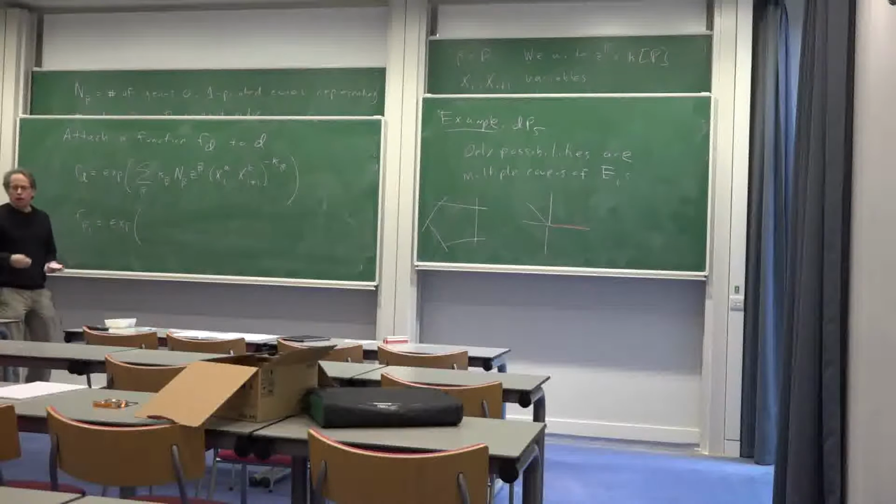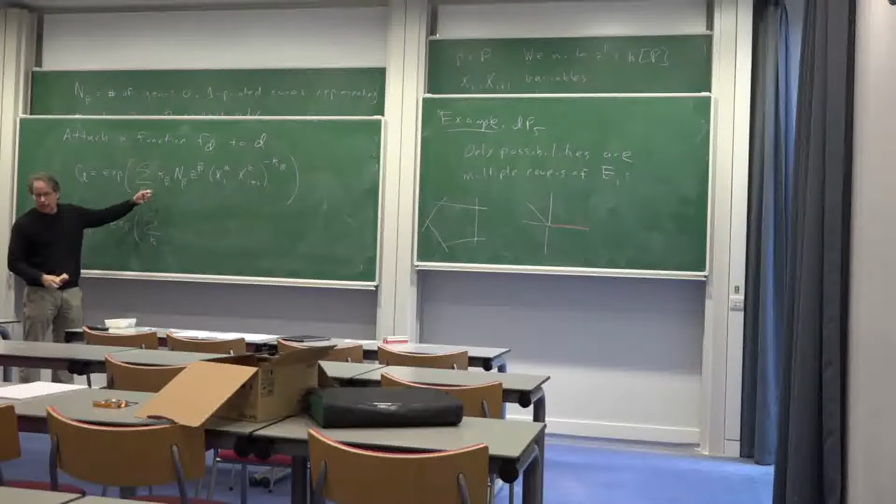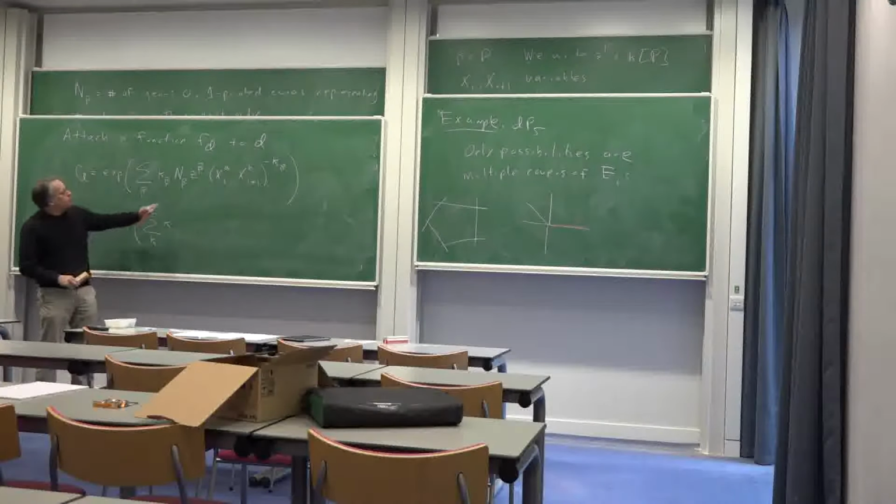The only thing that matters is the degree of the covering, so I'll sum over k. And now k beta is just k. If it's a k-fold covering, you have to have k-fold order of tangency with a boundary divisor. And then we need to know what n beta is. Now that's a subtle computation because it's definitely virtual.